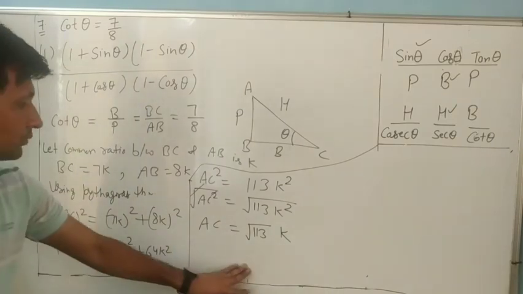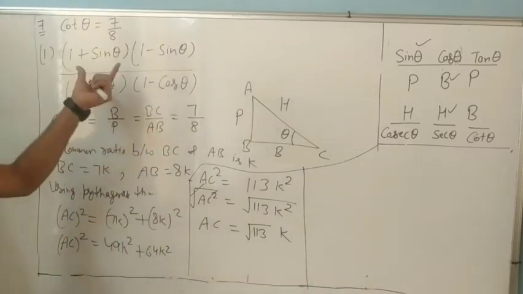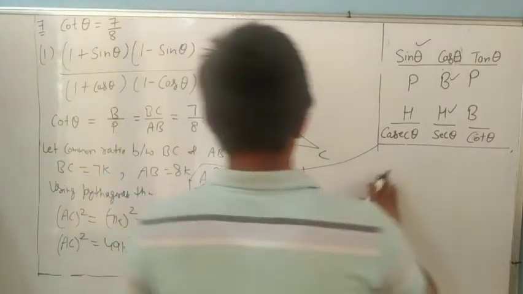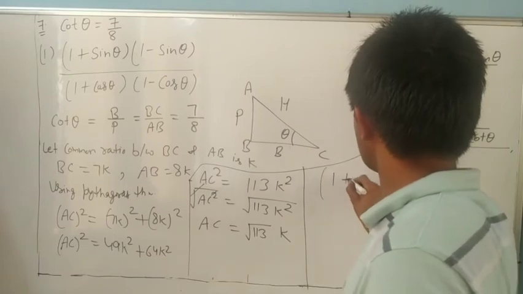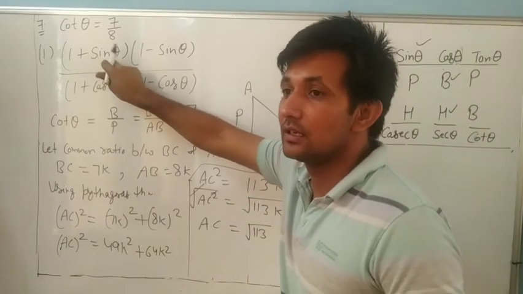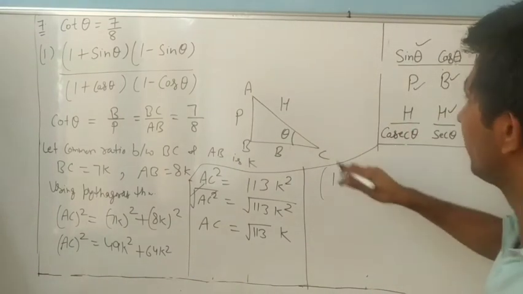So now look, we want to find the value of this. Now look here, we will put 1 plus sin theta, perpendicular by hypotenuse. It is how much?